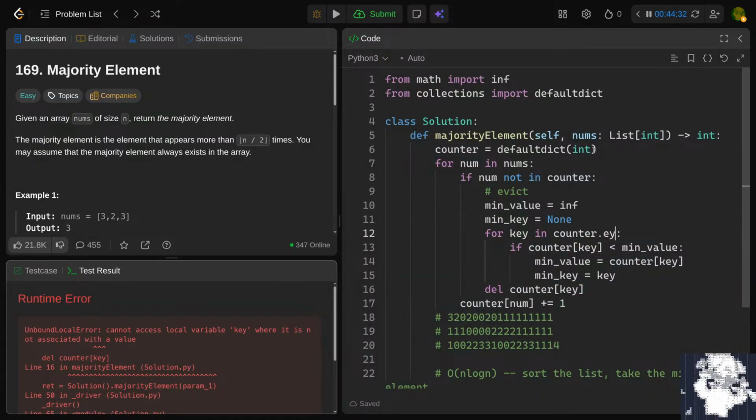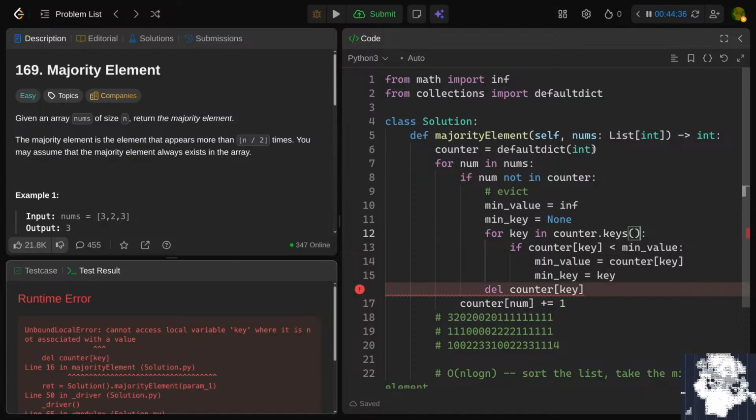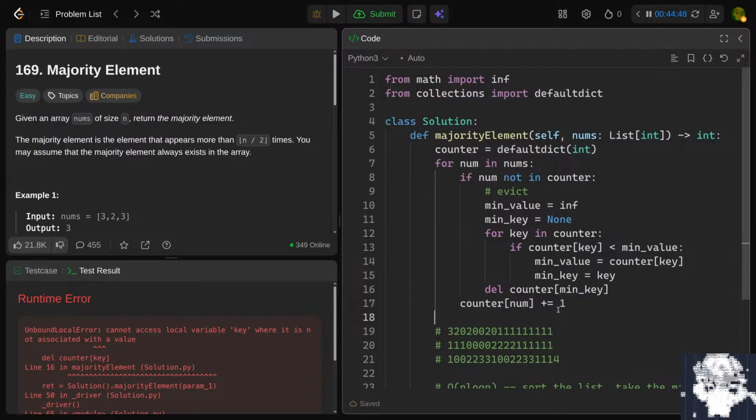These should be dot keys. Isn't that already what it should be? No, this should be min key. This should be min key. And then at the end, return whatever has the biggest count.